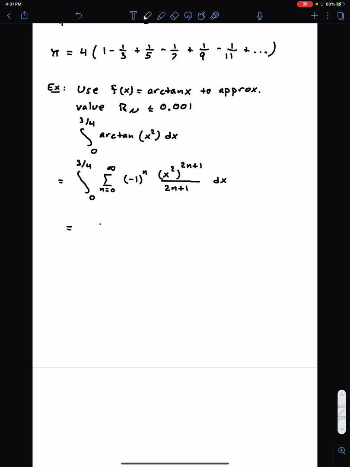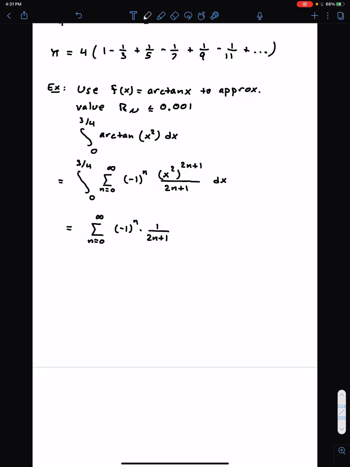So everything's a constant besides anything with an x. So I can rewrite this as the series from 0 to infinity (-1 to the n) times 1 over 2n plus 1. If I distribute this 2, the exponent on x is 4n plus 2.